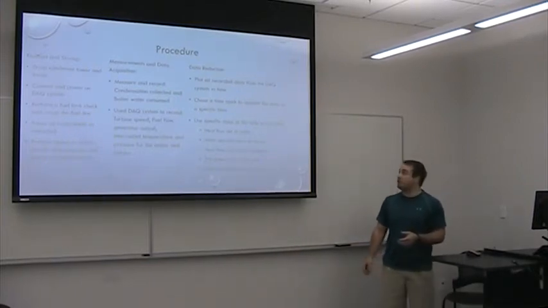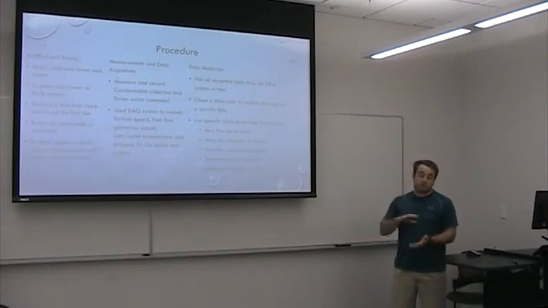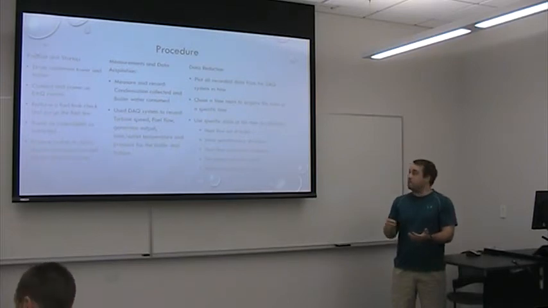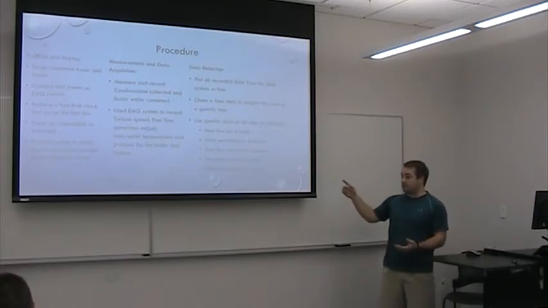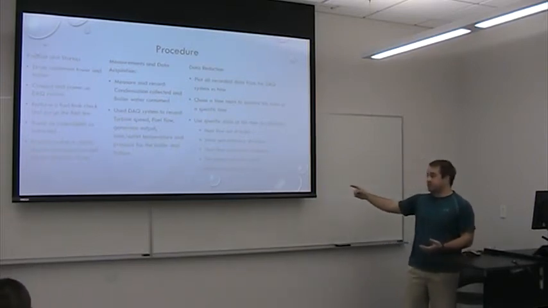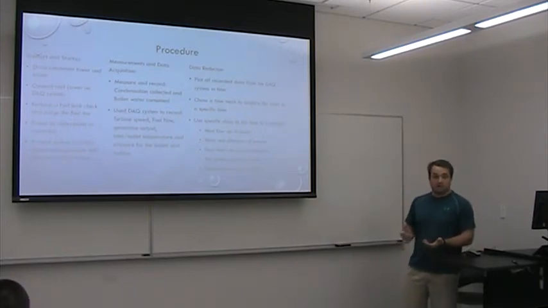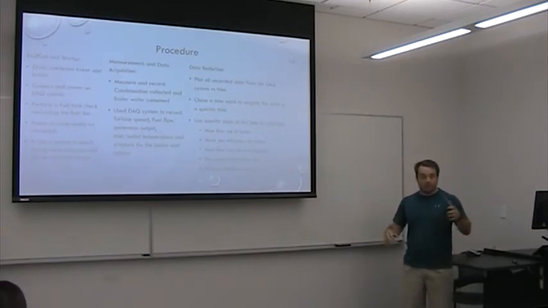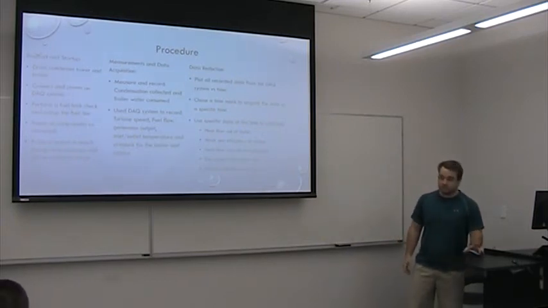You're going to first plot all of it versus time, and then choose a specific time so that you can have your data analyzed for that time period. Then we're going to compare all that information so that we can find the efficiency for different components. Each component is going to have a certain efficiency, and then the mass flow rate, and then the overall efficiency for the whole system.